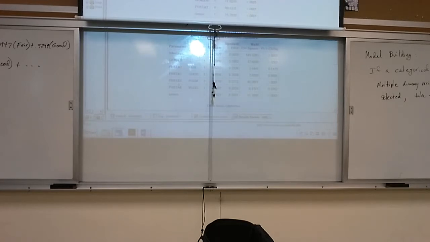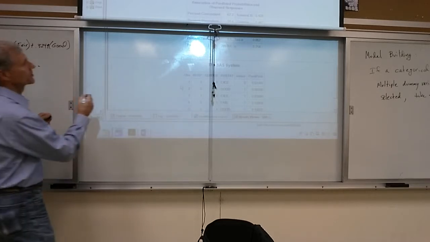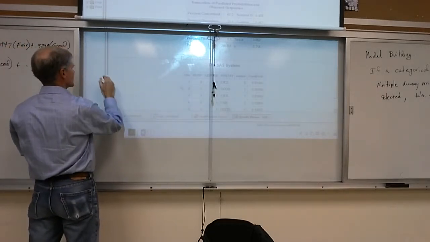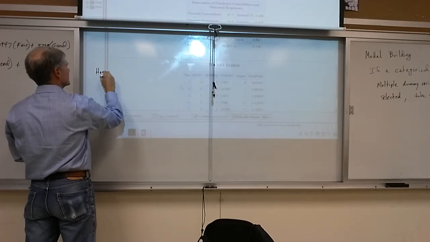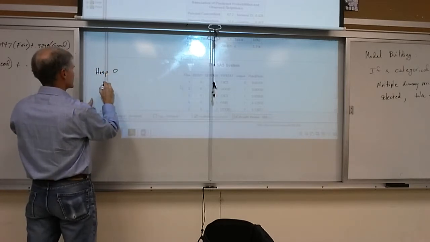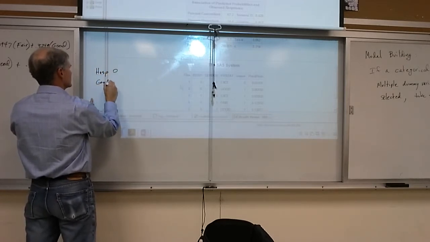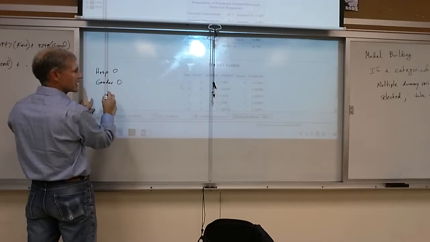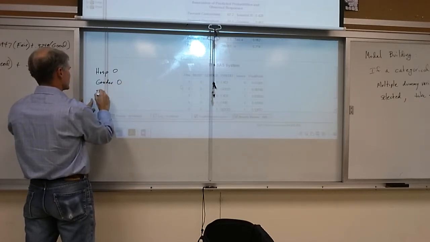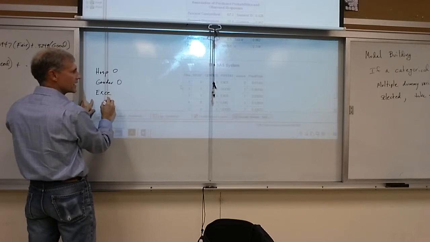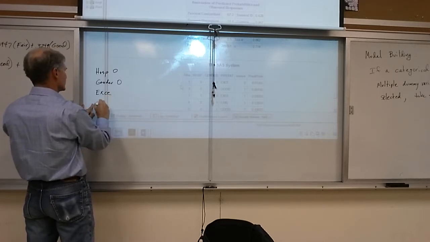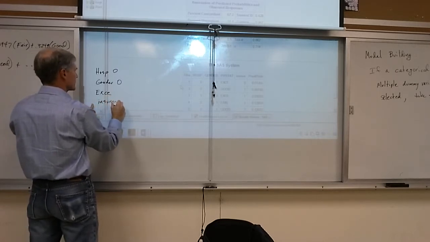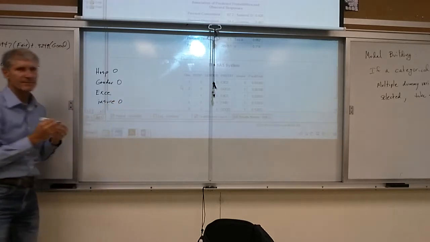I got to go back and get our first person, and let's write that out. So hospital is 0, and then gender is 0, and they were excellent health. And insurance was 0. So I have those 4 variables, right?